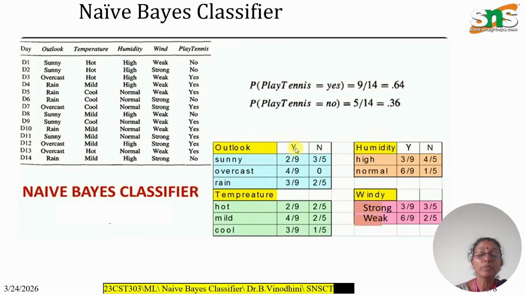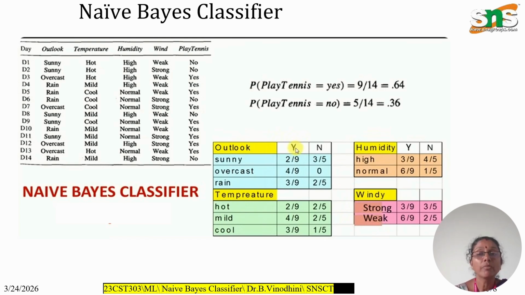Next, we find the probability of no, which is the number of occurrences of no in the data set divided by the total, so 5 divided by 14 is equal to 0.36. So the first step is to find the probability of the class labels.